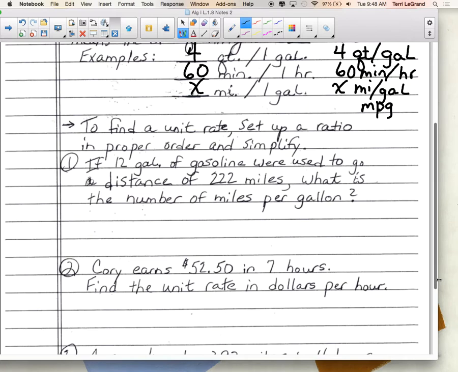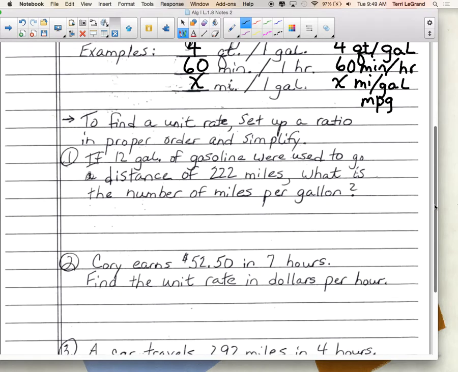Here's the thing we have to be careful of, especially when we're working with word problems. When we are setting up our rates, we have to set them up in a proper order. In other words, we have to have them make sense. So when we are told to find something, what we first want to zero in on is what they want it expressed as.